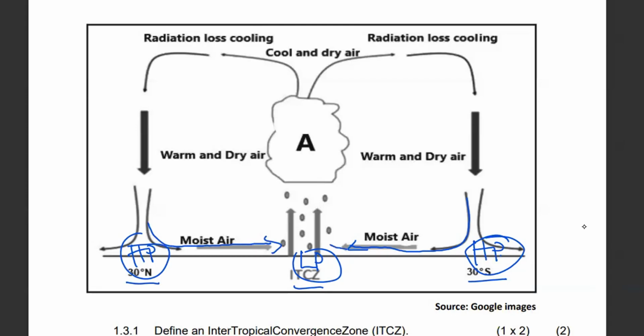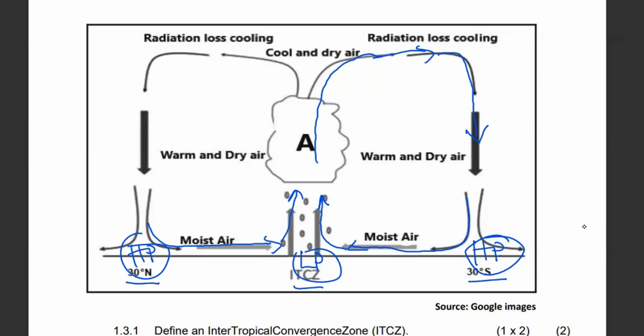The air converges at the ITCZ and uplifts. As the air uplifts, we have these conditions forming here. They don't matter, we want the cell only. The air reaches the upper atmosphere. It has lost moisture and is cooled. After the air is cooled, it becomes denser and it sinks at around 30 degrees to the south or the north.